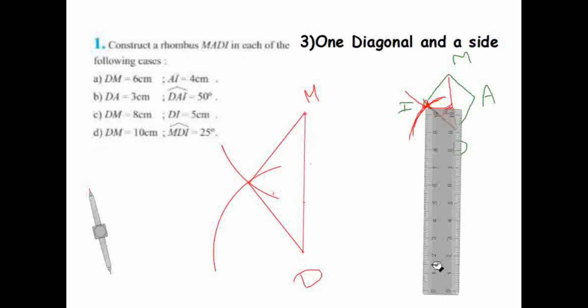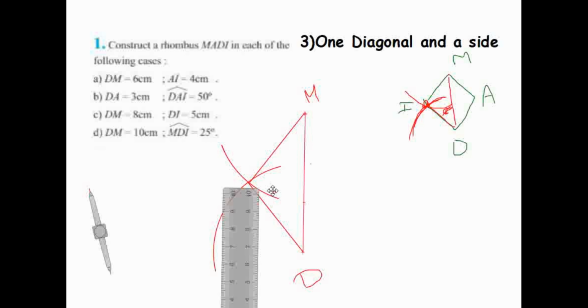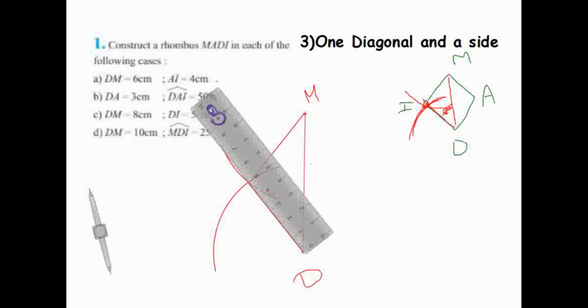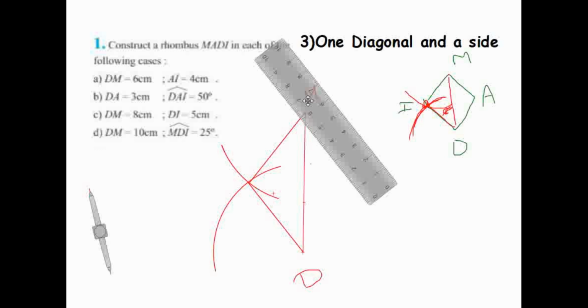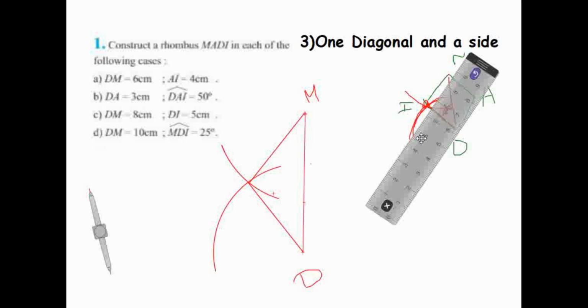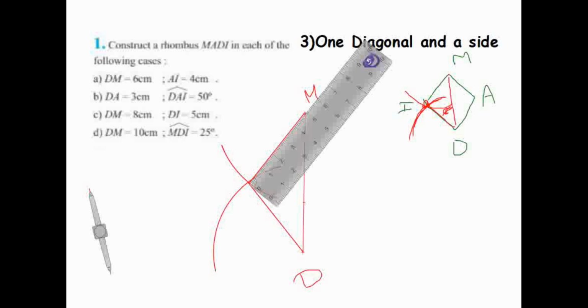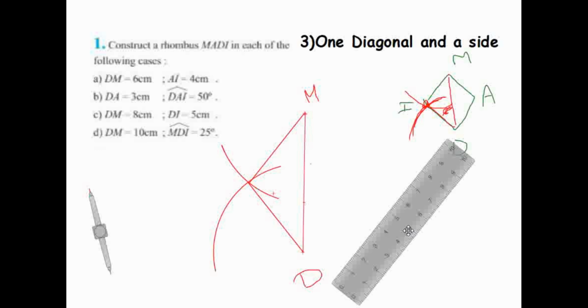Okay, and if I use my ruler and actually measure DI, it will be 5 centimeters. So here is my ruler, and I'm going to put that on 0 and move it. Yep, it's 5 centimeters. And also if I put it on the other side, it should also be 5 centimeters. Yes, here it is, it's 5 centimeters.